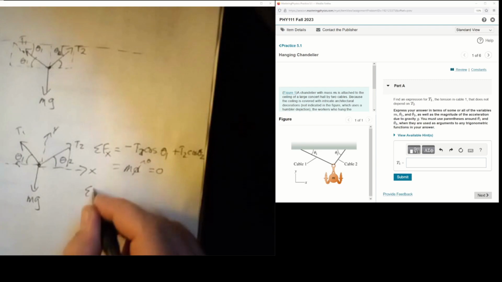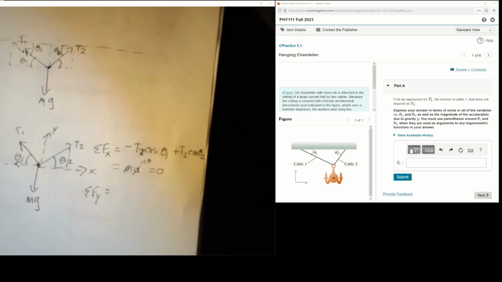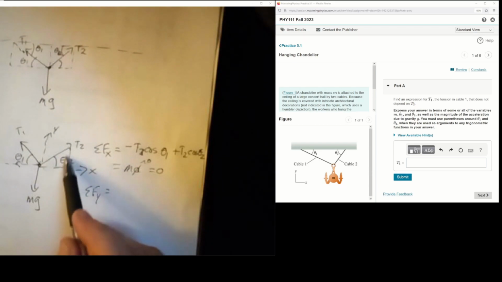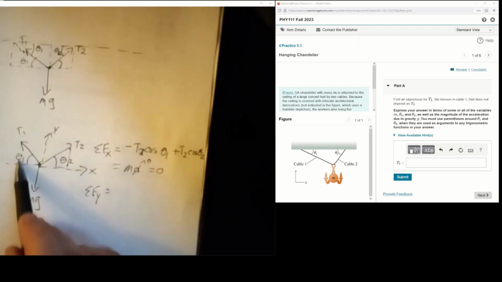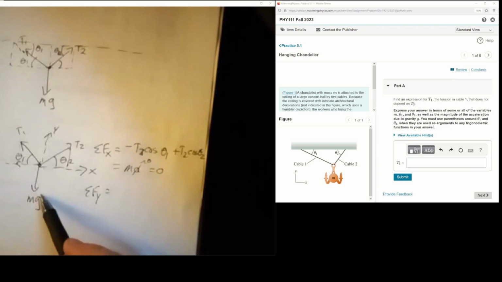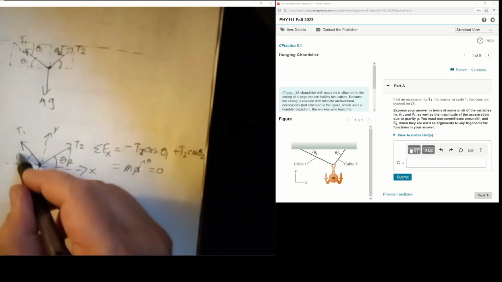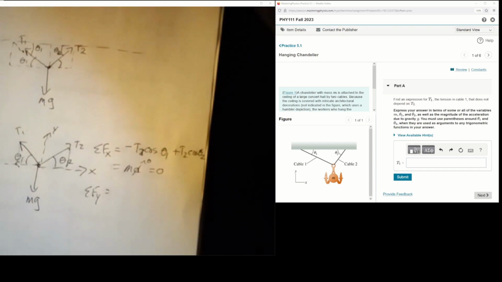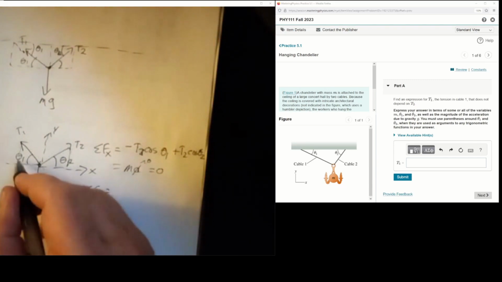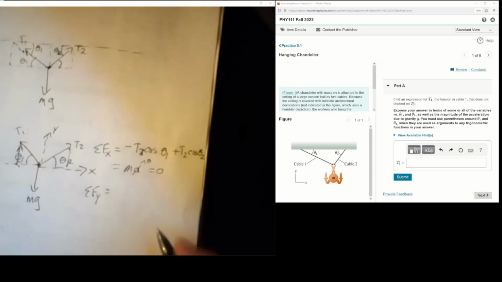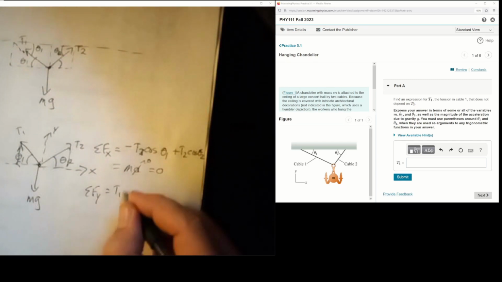And if we sum the forces in the y direction, we have this component going up, this component going up, and then weight coming down. These components going up are the opposite leg of that right triangle, and what's going to get us the opposite is sine. So looking at T1, this component going up in the positive direction, T1 sine theta 1.